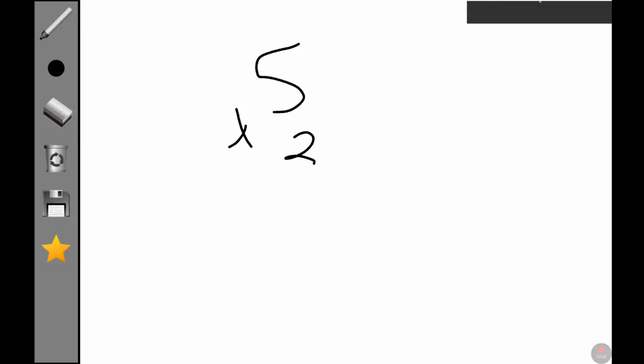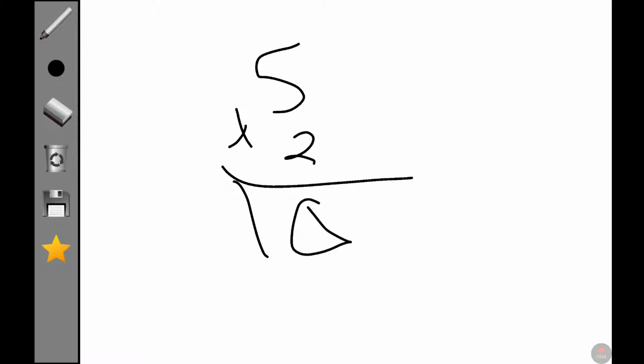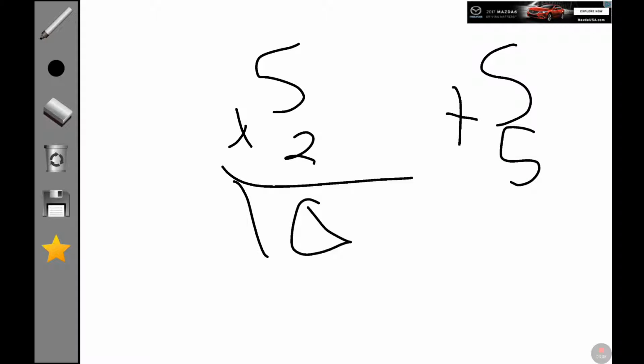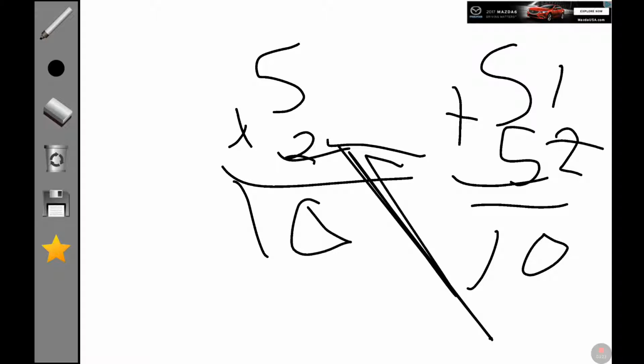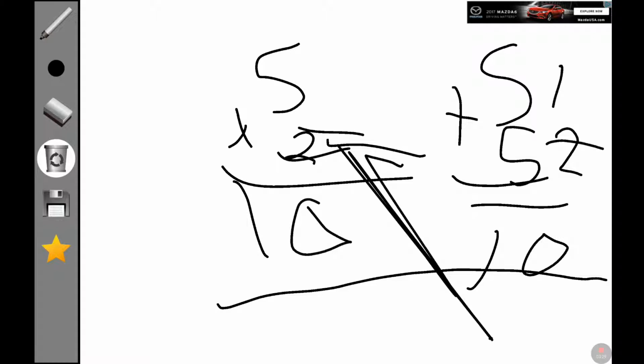So 5 times 2 is going to equal 10, because basically 5 plus 5 equals 10, which is 2 times 5. So you could just cross those off, and they both equal 10. So your answer to 5 times 2 is 10.